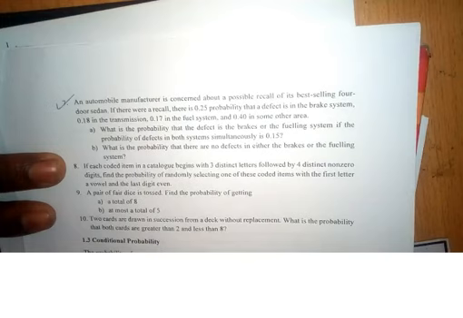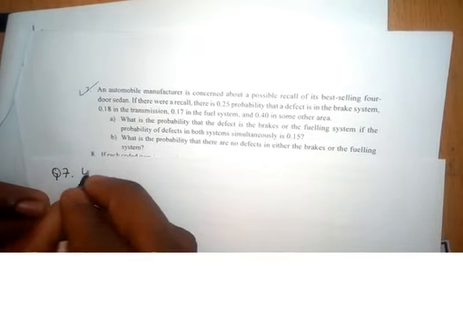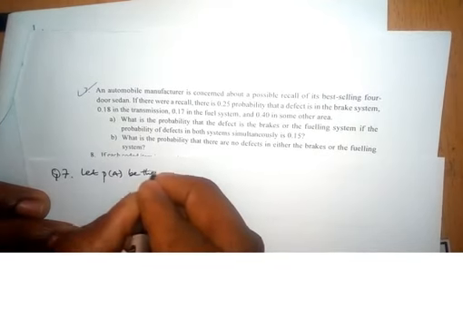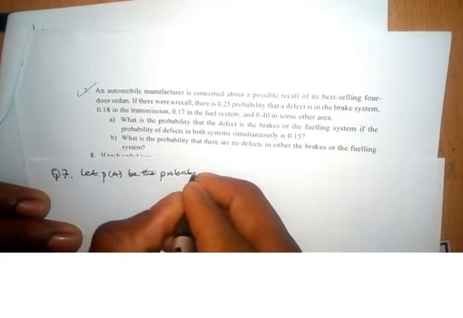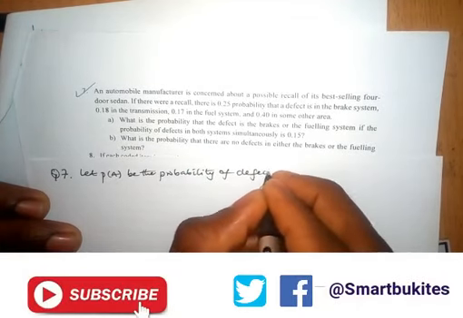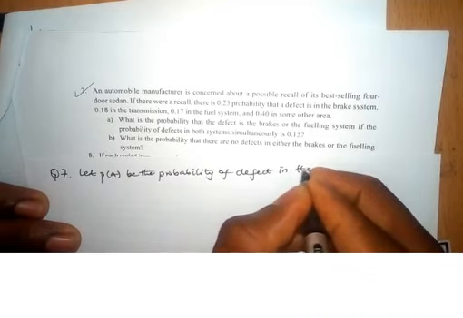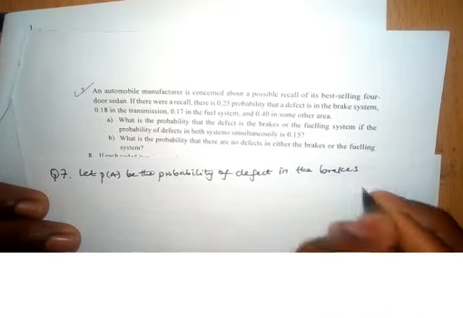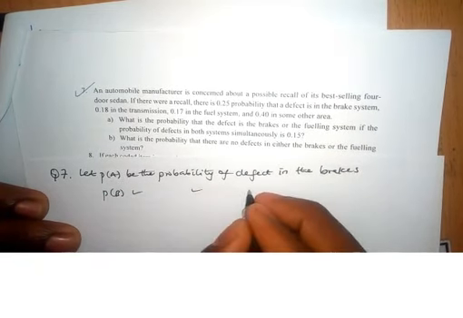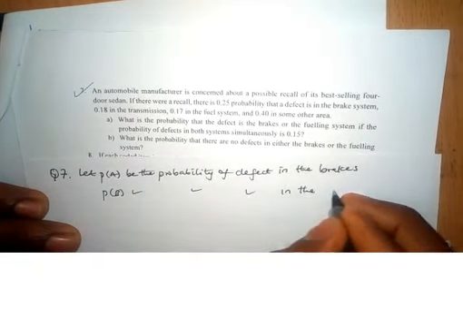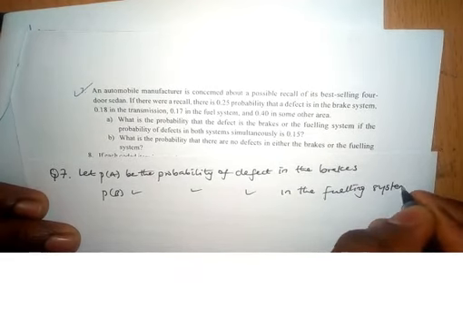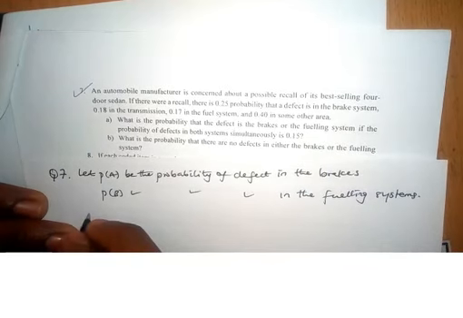So let's solve this. Let P of A be the probability of defects in the brake, and P of B be the probability of defects in the fueling system.